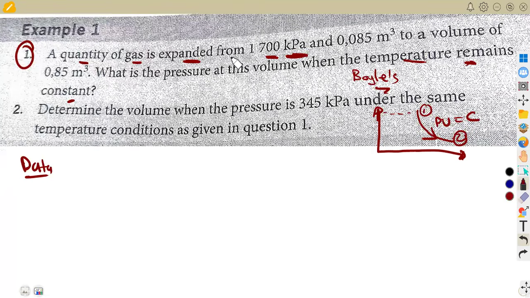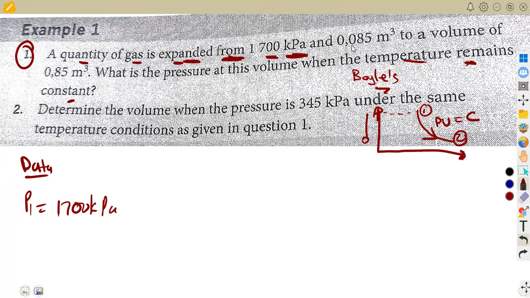So this is where you are starting. That is your initial pressure. P1 is 1,700 kilopascal, and as we expect, after it has expanded, it is going to reduce. It is going from 1 to 2, so it is decreasing.